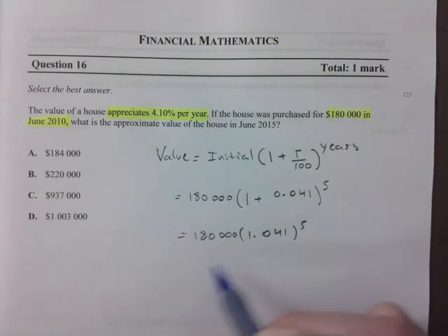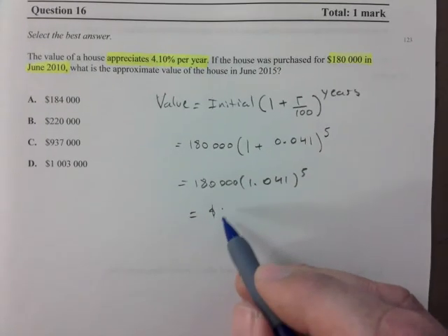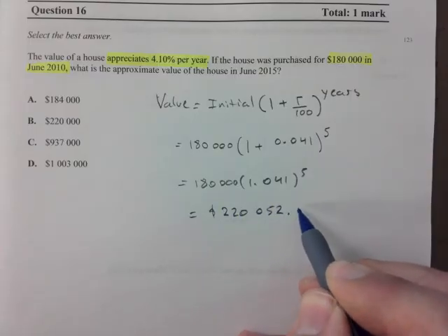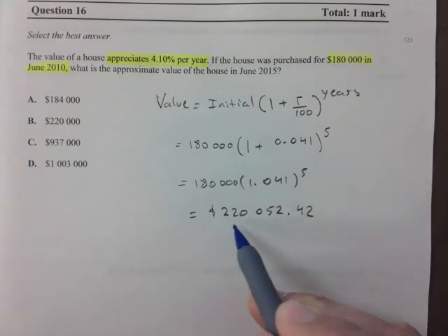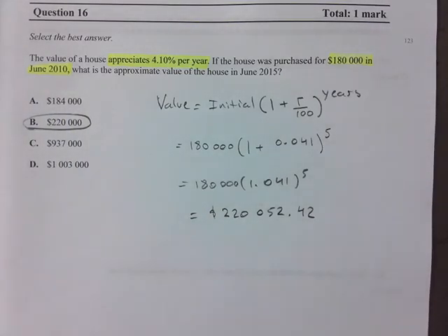I'm going to go a little faster on these because I think you're all pretty comfortable with these questions. That's what you get. We picked that one because it does say approximately, so we go with the one nearest to that.